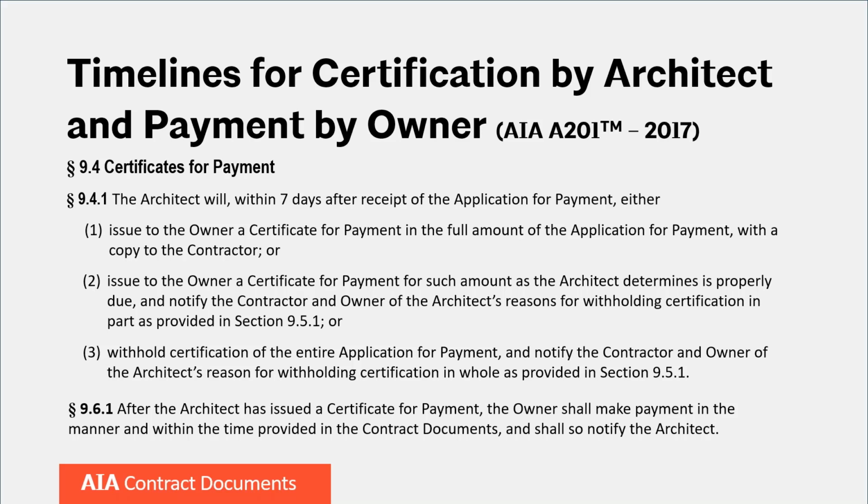So the architect in this role is trying to protect the owner from paying for work that is non-conforming or making payment when there are serious issues under the agreement that would require withholding payment.